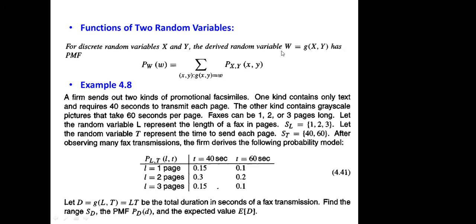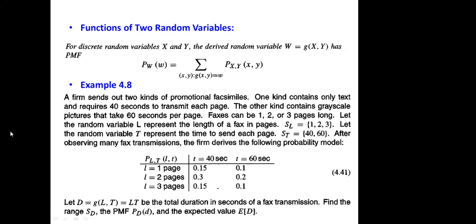Okay, is it okay? Have you read it? Yes, sir. Okay. So what is this one actually telling? A firm sends out two kinds of promotional fax emails. So actually, there are two kinds of fax.